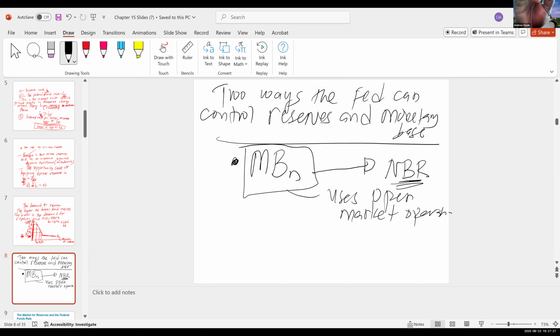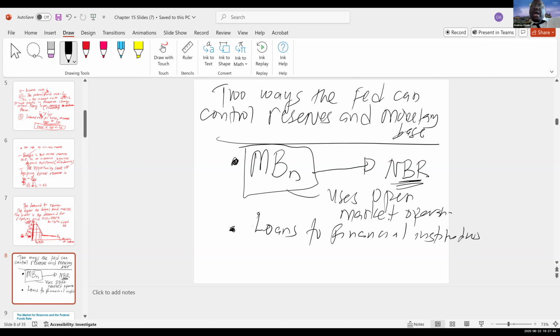That's one way. The second way the Federal Reserve can control the total supply of reserves in the banking system is through lending to banks, loans to financial institutions. We did this very clearly in chapter 14. So the Fed has two choices.